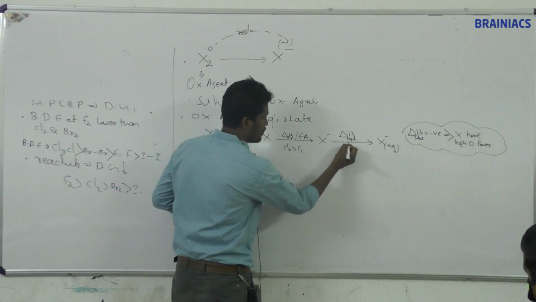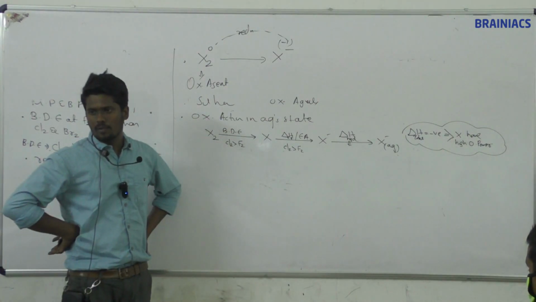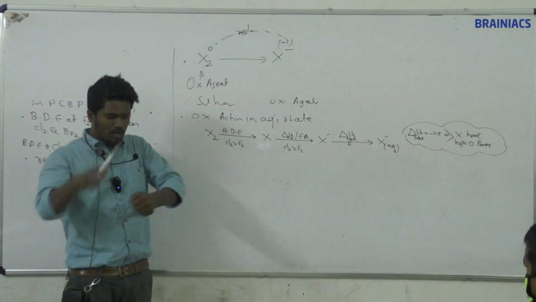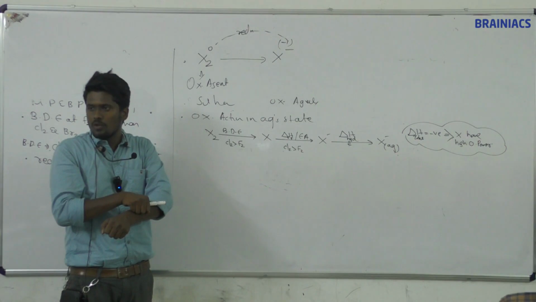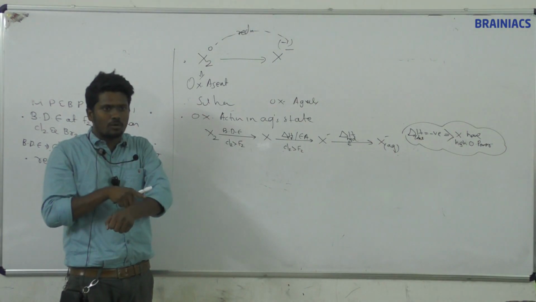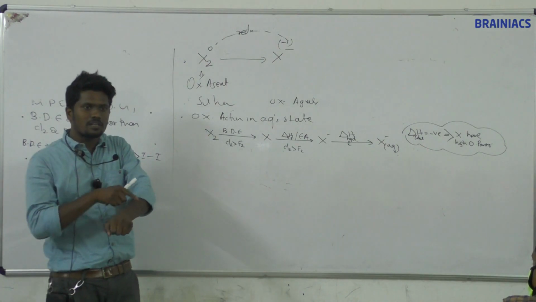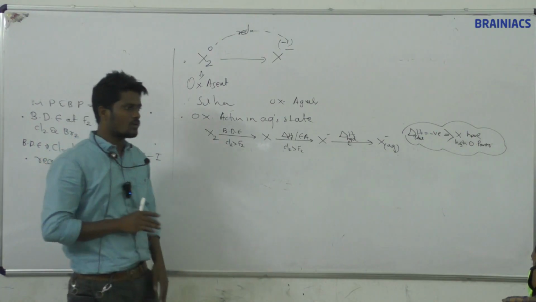And what about the enthalpy of hydration? Is it exothermic or endothermic? Exothermic. When water comes on our body, do we feel cool or heat? Cool. That means energy is released: heat goes and we feel cool.